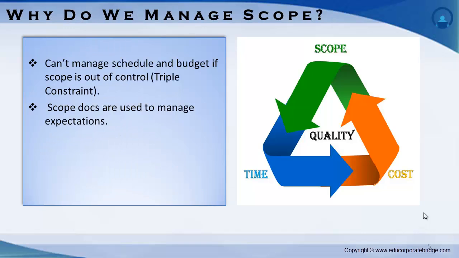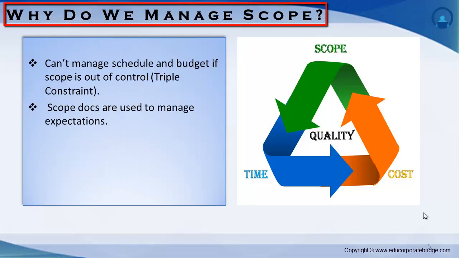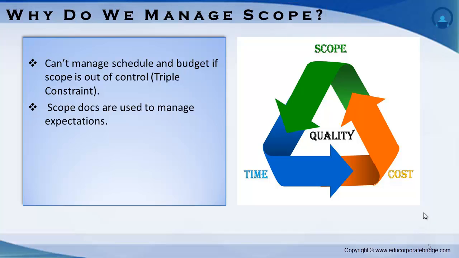Now, the question comes, why do we manage scope? Normally, in any project, there are constraints which need to be taken care of throughout the project, and the project's success or failure is measured based on these factors. These constraints are time, scope, and cost.